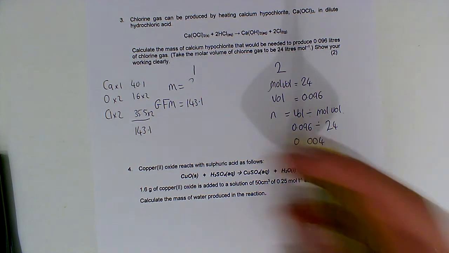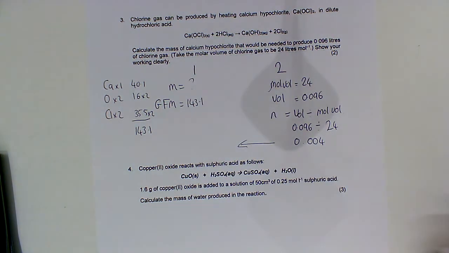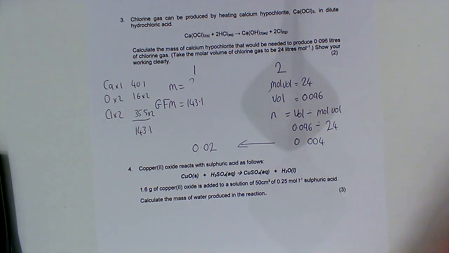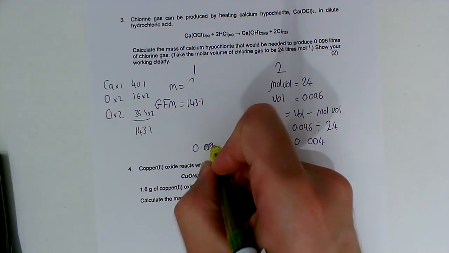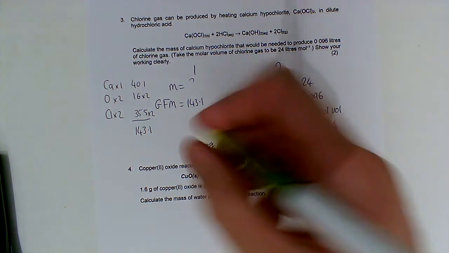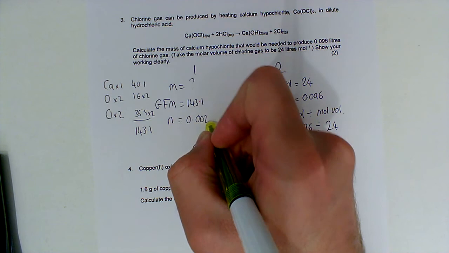Now I'm going to look at my ratio. It's 2 to 1, so if I've got 0.04, that means I'm going to need 0.02 moles, 0.002 moles of that. So N equals 0.002.